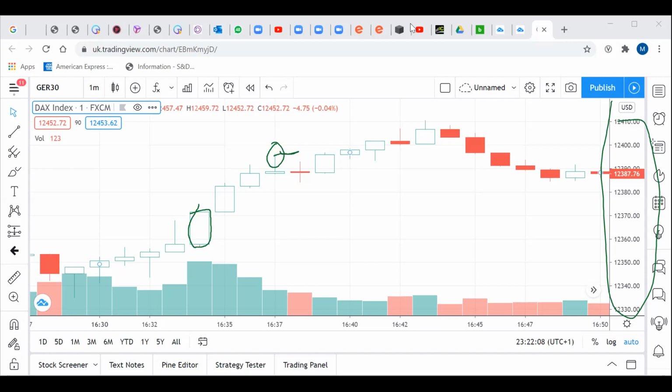So when you see a long wick at the top, it indicates that price did reach this height, but then struggled and came down. So it gives you an indication that maybe price is struggling to go up and actually maybe looking to come down, right? And you often see that, okay?